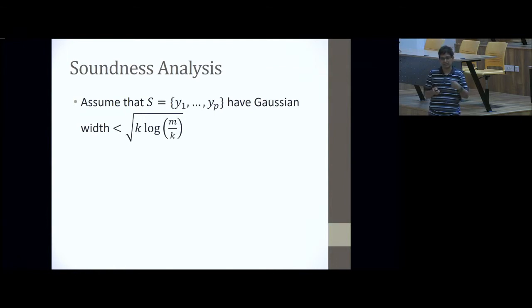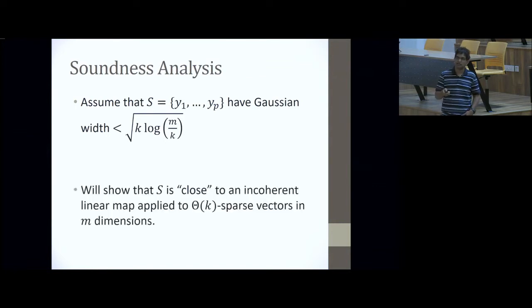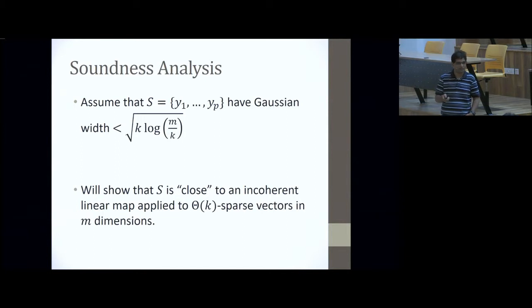The tester has made sure that the Gaussian width is square root of k log m over k. Now I want to prove to you that this means that y1 through yp has an approximately sparse representation. We will show that S is close to an incoherent linear map, or an RIP linear map, applied to theta k sparse vectors in m dimensions.